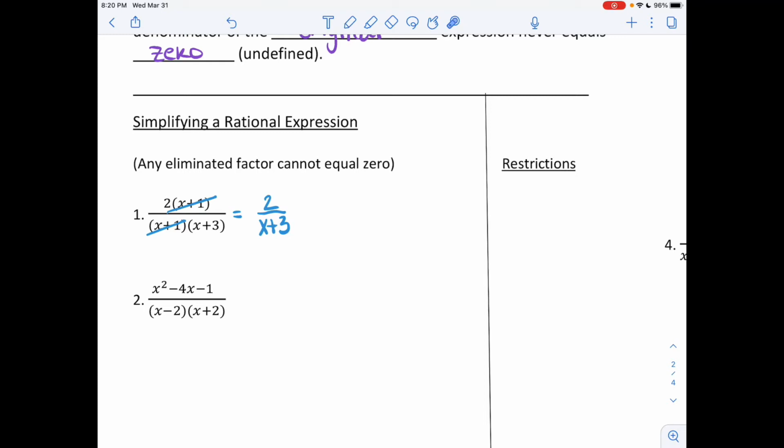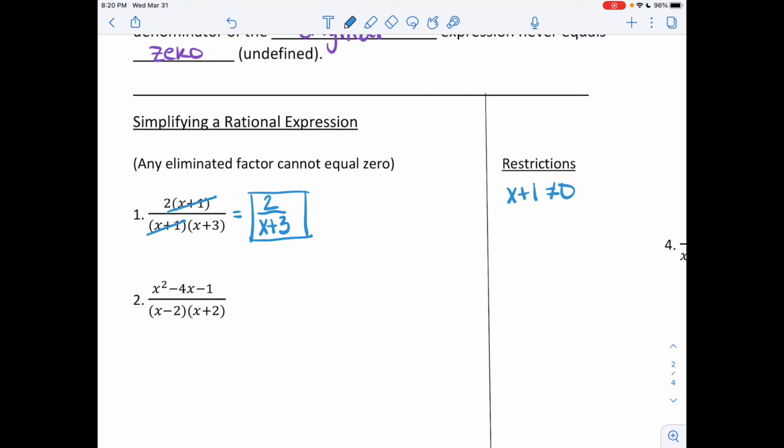But now let's talk about what we got rid of here. We got rid of an x plus 1, and so we no longer see that in our final form of our answer. But we know that denominators can never equal 0. So even though we don't see that anymore, it got eliminated with our simplified form, we need to say that the factor we factored out can't equal 0.